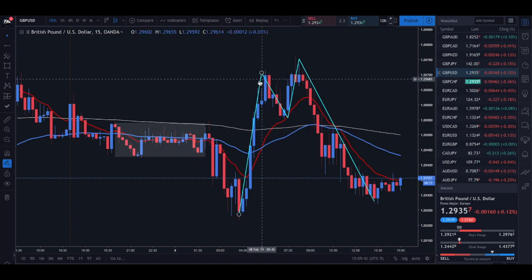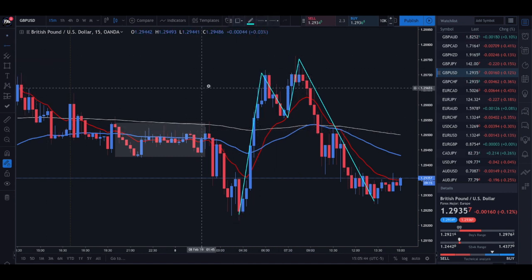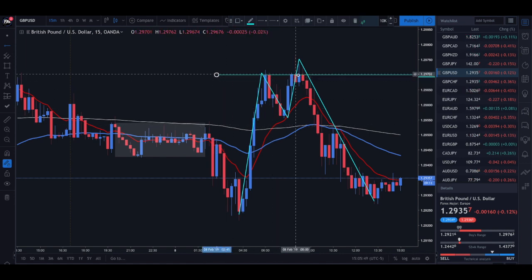Another thing I want you to keep in mind is look at the candles here, how they pushed up, came back down to accumulate contracts, pushed back up again to get more contracts, and then went an extra 6 pips to get some more contracts.